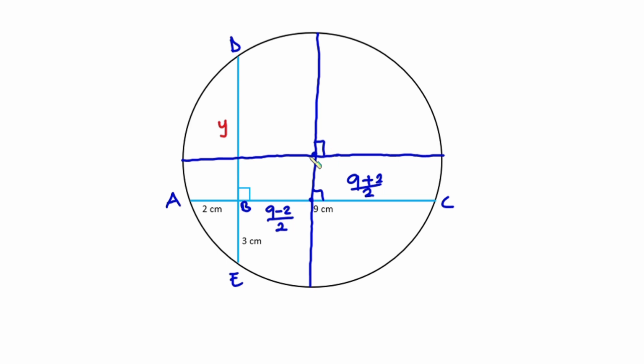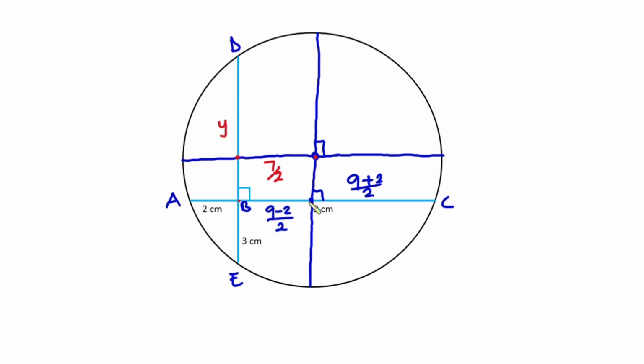Now guess what? This point is actually the center of the circle. That is awesome, right? Now, you notice that the distance from this point to this point is the same as the distance from B to this point. So this distance is actually (9 minus 2) divided by 2, that is 7 divided by 2.